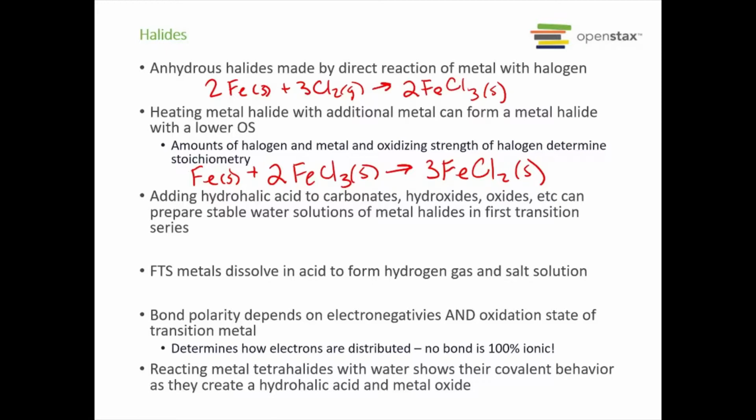If we take a hydrohalic acid and we add it to a carbonate, a hydroxide, or an oxide, we can actually prepare stable water solutions of the metal halides from the first transition series. So for instance, if we take some nickel carbonate and give it some hydrofluoric acid, we can make this nickel 2 fluoride plus water plus CO2.